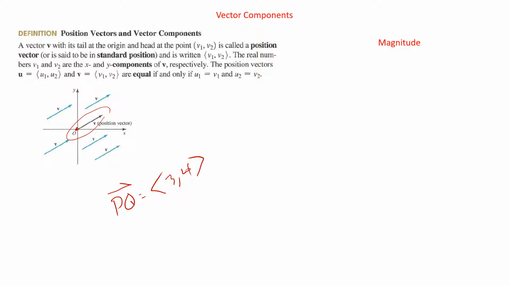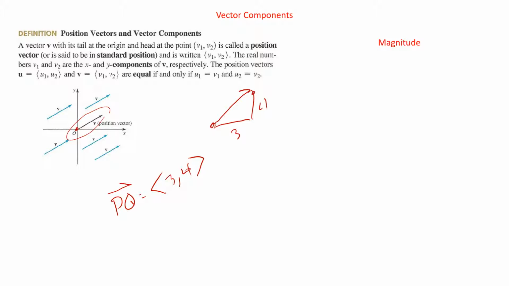Now if we drew this out, again, we had P and Q, and went over 3, up 4. To find the magnitude is just the Pythagorean theorem. That's all it is. It's the distance formula.